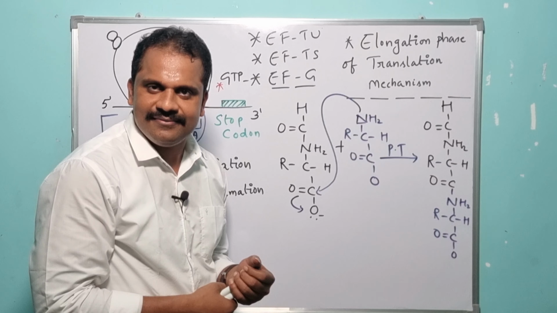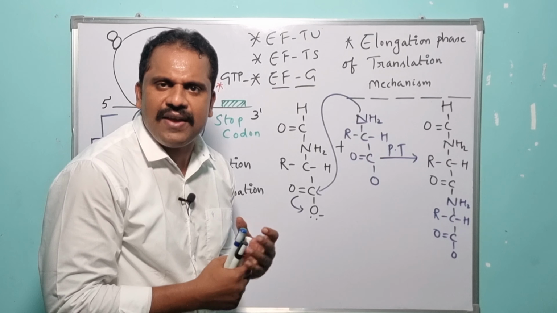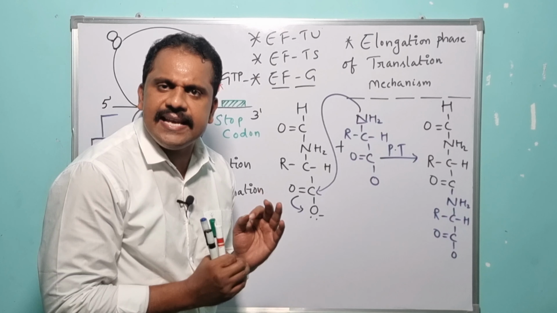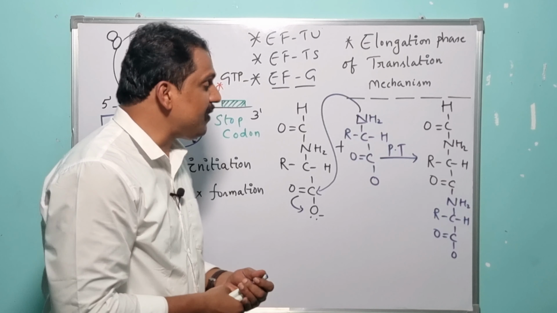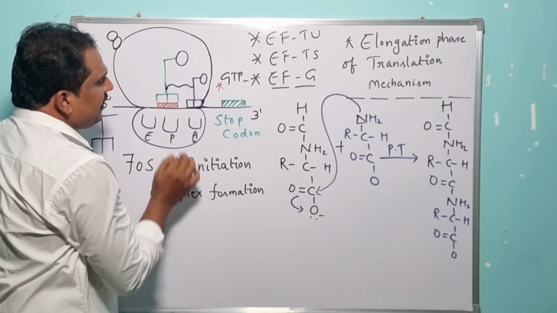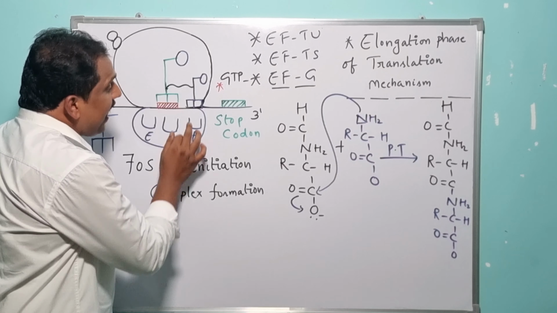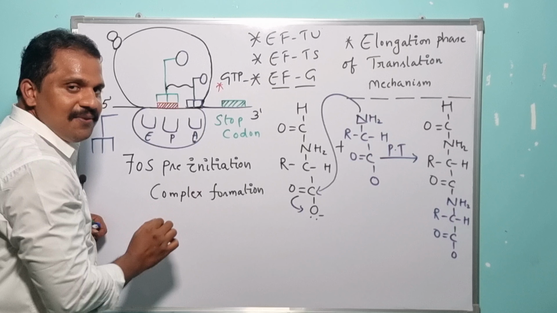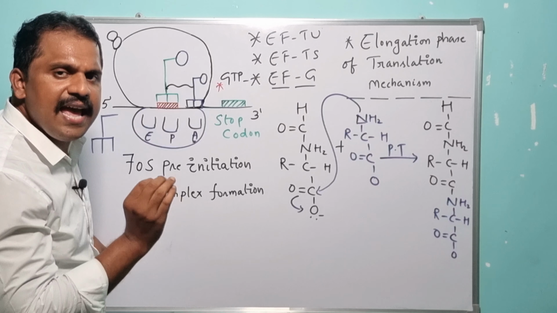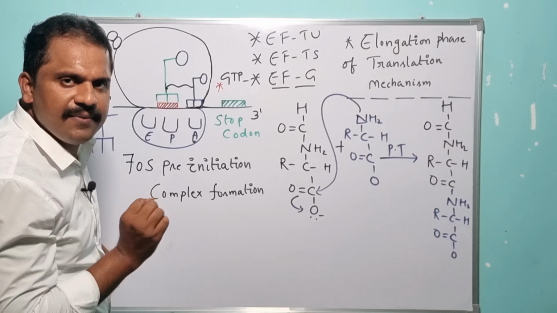Is it okay? So once the translocation of mRNA has been successfully organized here, the A site of the ribosome remains free, right? Now again, the A site of the ribosome gets occupied by the amino acid tRNA with its encoding amino acid.